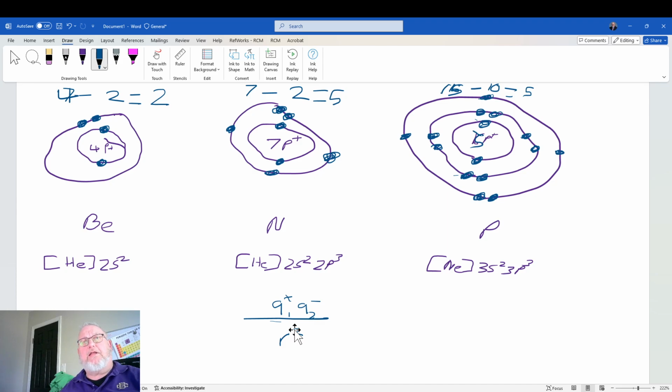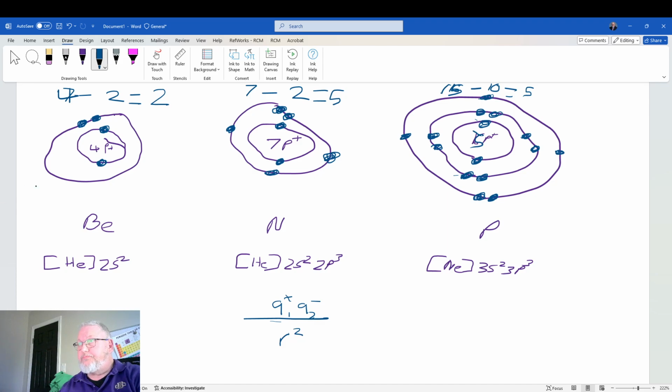Now, we talked about electronegativity. Electronegativity is the ability for the atom to steal an electron. Okay? So if there's more positive charge, more positive influence, you've got a greater ability to grab an electron from another atom, right? That doesn't have as much positive pull.